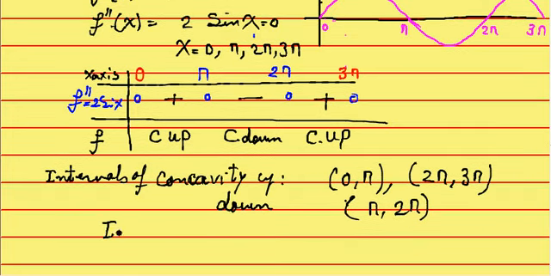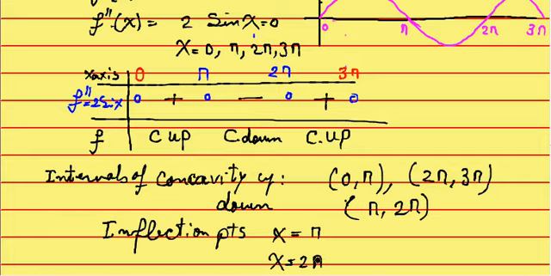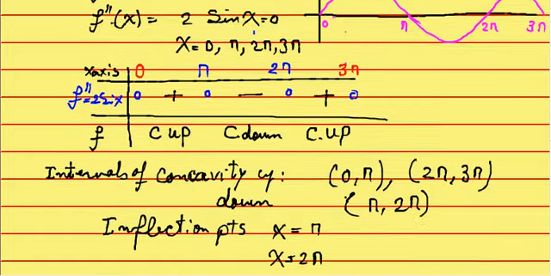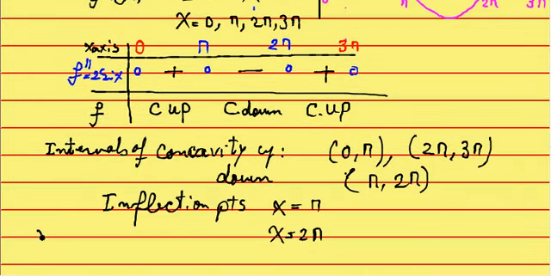Inflection points: x equal to pi is one of them, and x equal to 2 pi is another one. Let's remind ourselves of the original function. It was x minus 2 sine of x.